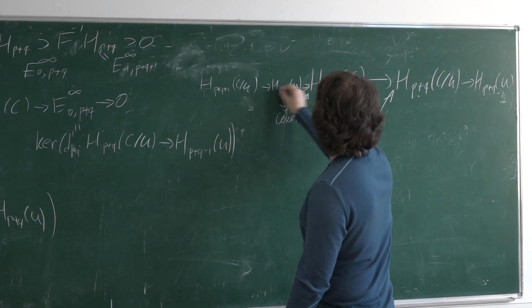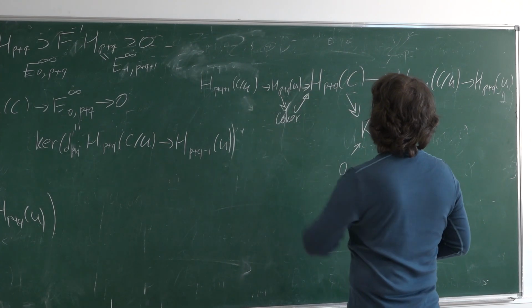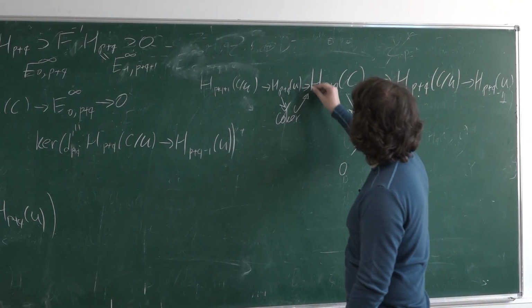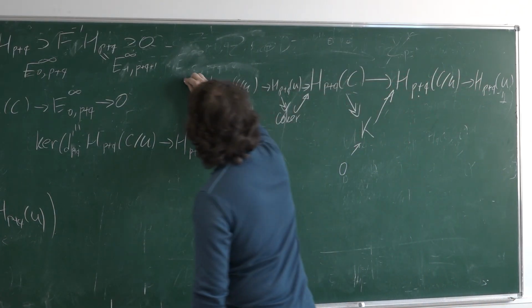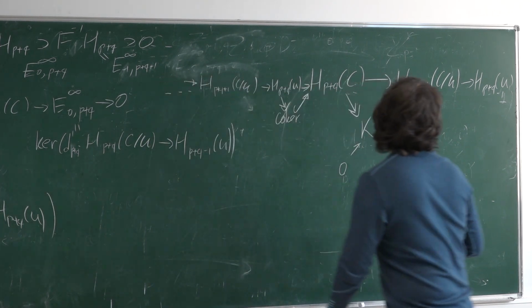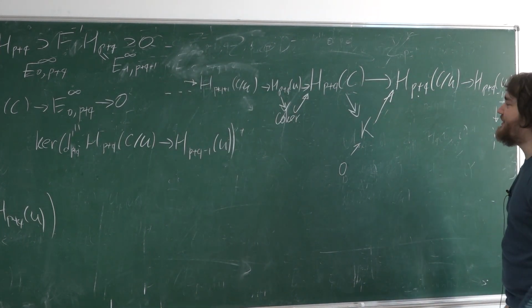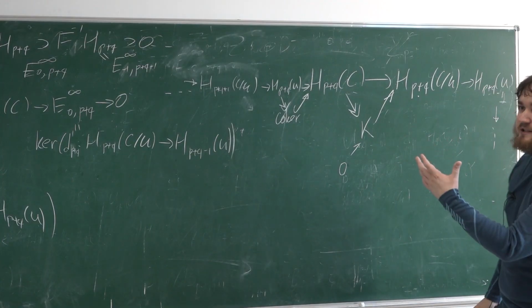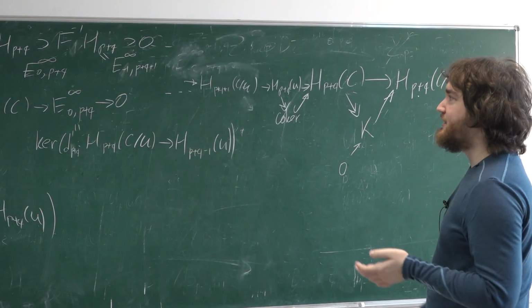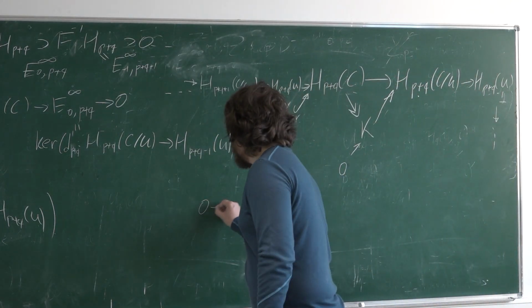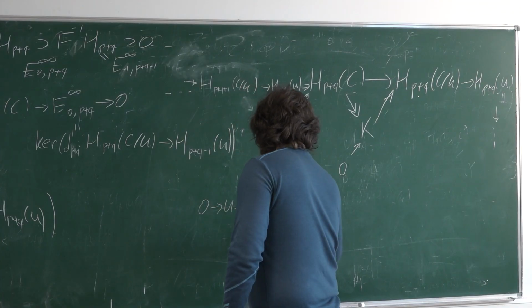This means that this sequence is also exact in this place. So in fact you obtain an exact sequence of some form that may be familiar. It's the long exact sequence of homologies of this short exact sequence of complexes U, C, C modulo U.